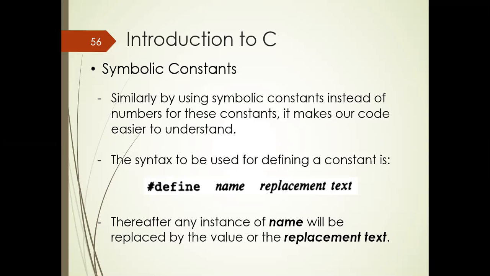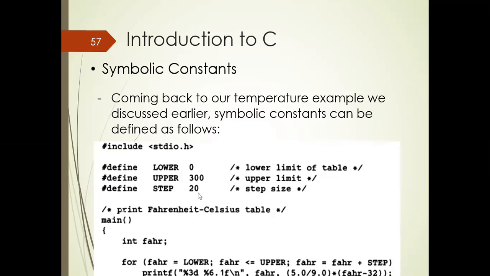Typically this name is going to be in uppercase. If you look at this program here, which we've seen already to convert from Fahrenheit to degrees Celsius, remember we had lower, upper, and step which we were defining in the program. But here we are defining these three as symbolic constants. So as we have seen, you use a hash define.